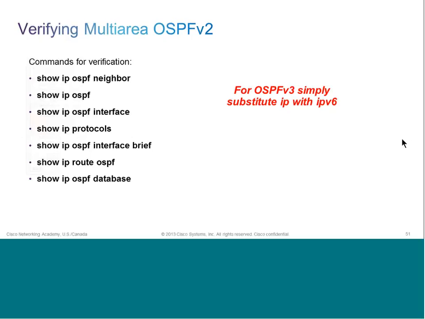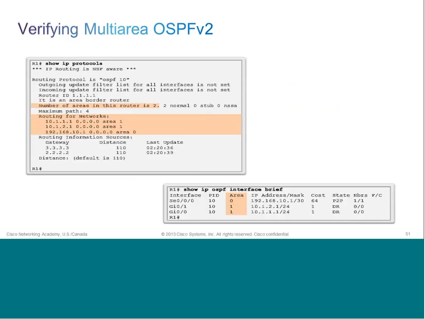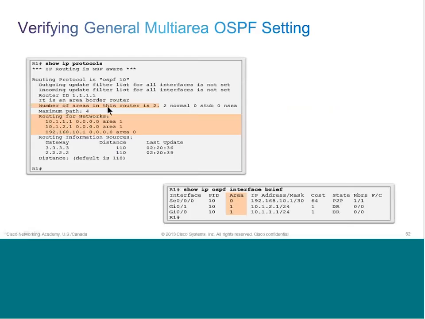Use the show IP protocols command to verify the OSPF status. The output of the command reveals which routing protocols are configured on a router. It also includes routing protocol specifics, such as router ID, number of areas in the routing process, and the networks included with the routing protocol configuration.